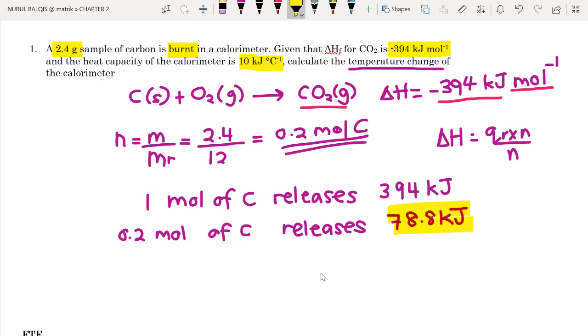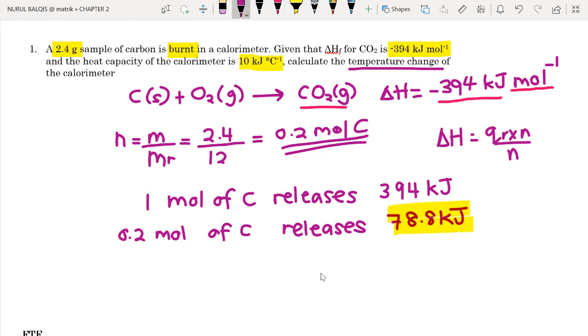Now the question asks you to calculate delta T. If you look at this question, you're given information only about the calorimeter, no information regarding water. So you need to know that the setup of this calorimeter already includes the water as part of the calorimeter, so we can simply ignore the Q water in your bomb calorimeter formula.